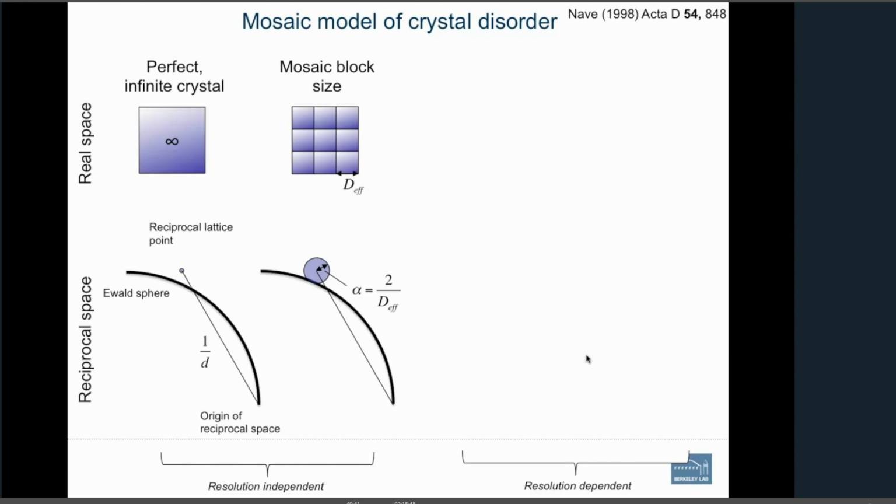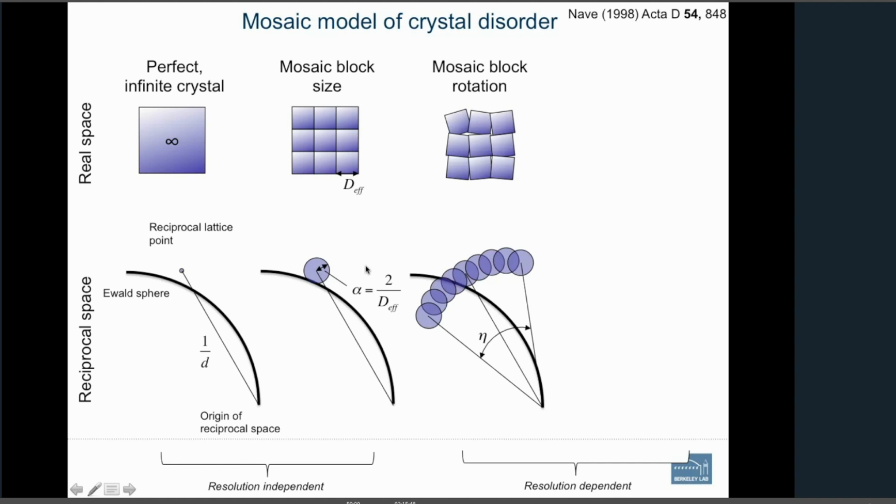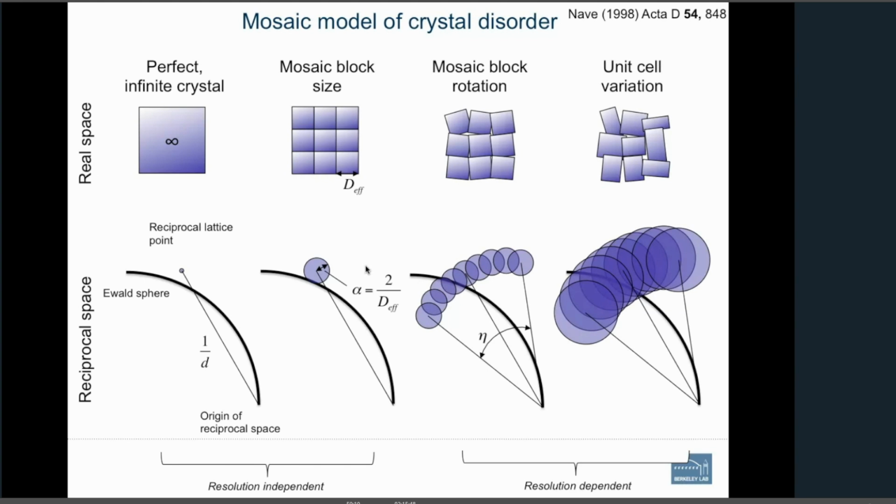Real crystals have defined size, and they have mosaic blocks. And those mosaic blocks have average sizes, call it D effective. As the mosaic blocks get smaller, the reciprocal lattice points change in size, and they get bigger. The mosaic blocks can also rotate relative to each other, which can increase the odds that they can intersect with the Ewald sphere and diffract.